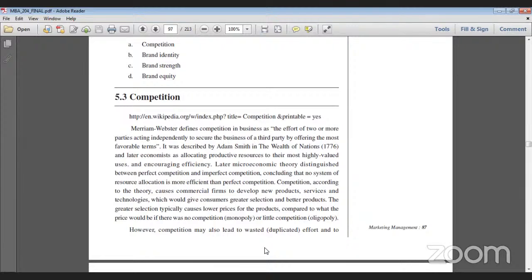In an oligopoly, there will be two or three sellers and a lot of buyers. Sorry, two sellers and a lot of buyers. In a monopoly, there will be one seller and a lot of buyers. There will be no competition in a monopoly because monopoly itself states that the production is under one person only, one seller only.